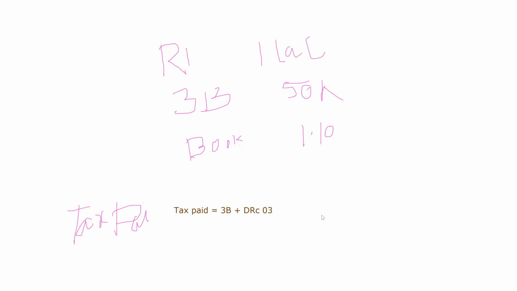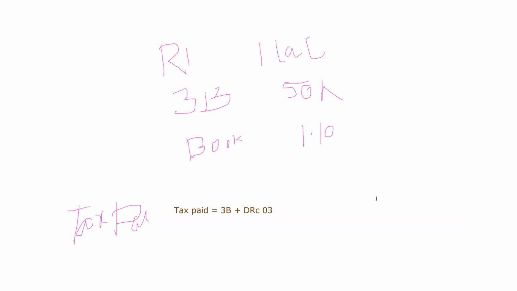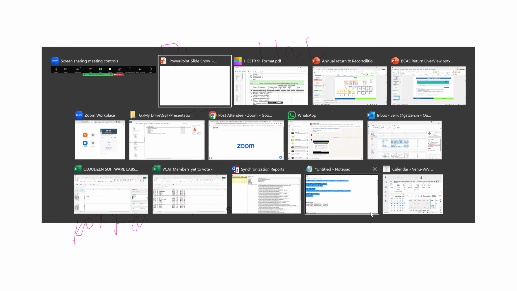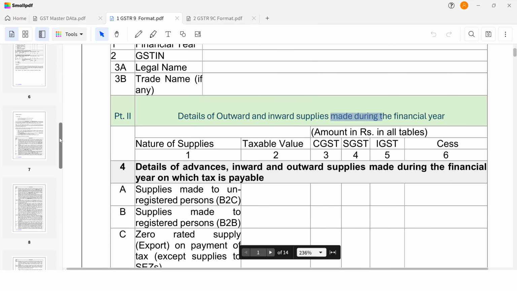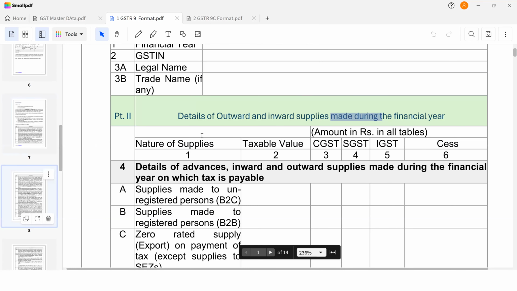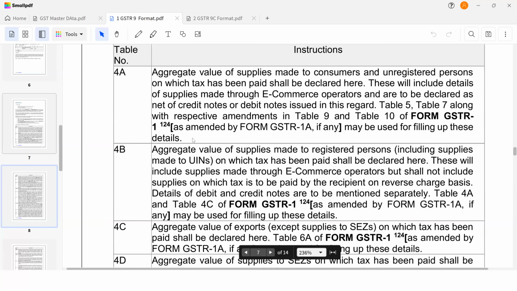And again, the instruction that I am using here, where is the PDF? So I look at the instructions, which say the details on which the taxes have been paid shall be declared here.